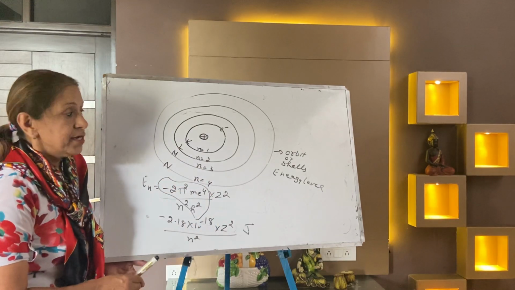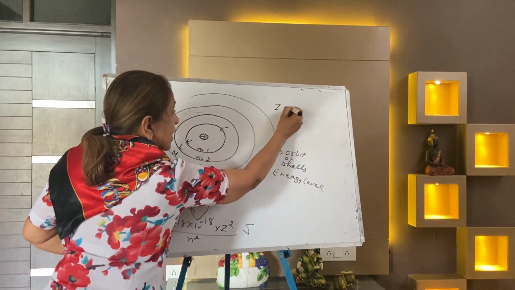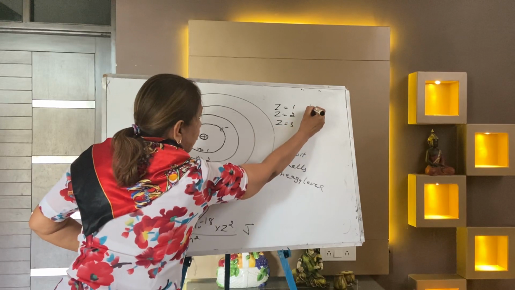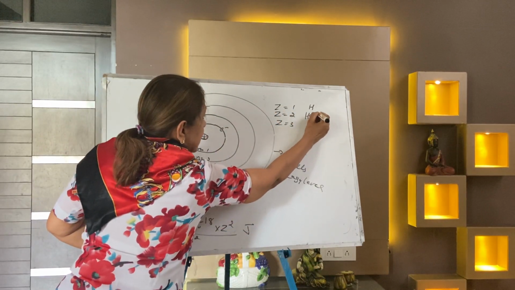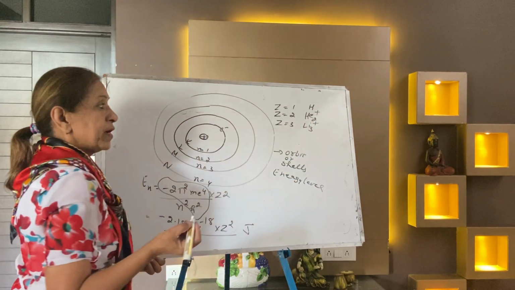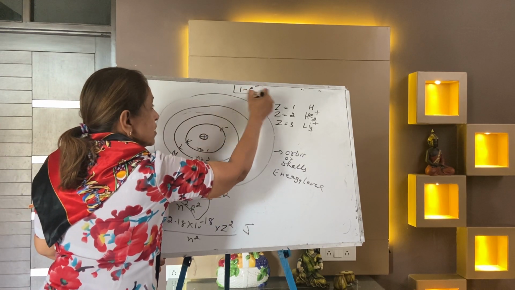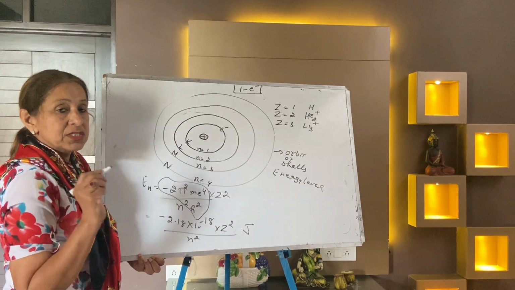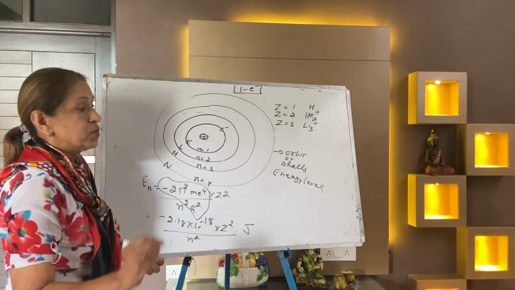Now what is Z? Z is the atomic number. Z = 1 for hydrogen, Z = 2 for He⁺, Z = 3 for Li²⁺, because this Bohr model is only based upon a single electron. Bohr explained the stability of the atom by taking the single electron concept.